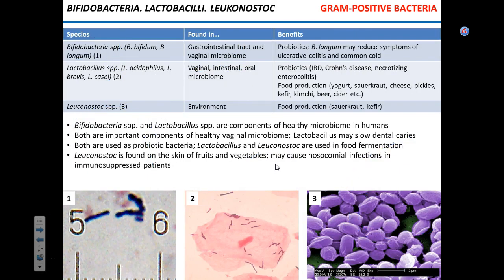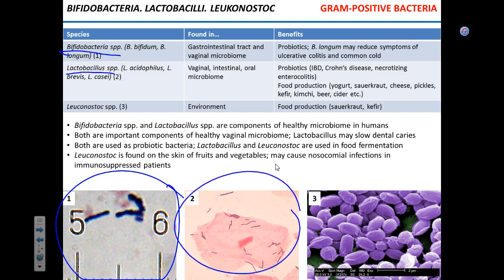Now that brings us to the last unserved members of gram-positive microorganisms. Bifidobacteria on the left, lactobacilli in the center, and Leuconostoc on the right. Those are probiotic microorganisms.